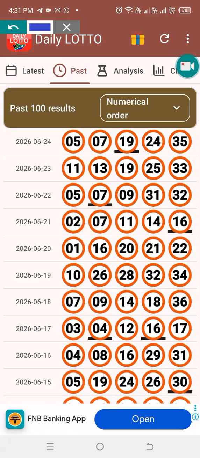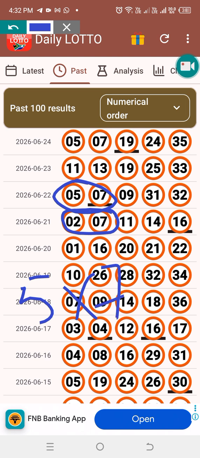Now, okay, when we are done, there's also another method I want to show. The other method is to take the first two numbers. For example, let's start here. 5 times 7 is equal to 35.